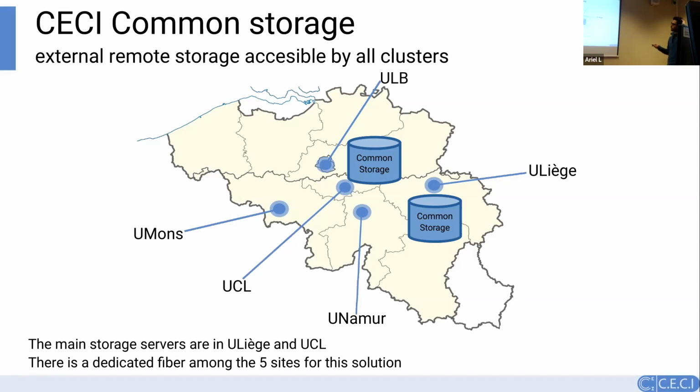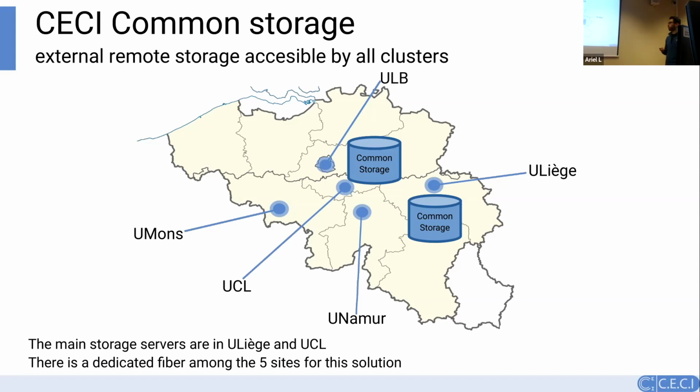But you can imagine that this can require the network among these machines quite a lot. So we actually have a dedicated fiber provided by Belnet, the network provider of all the universities in Belgium.